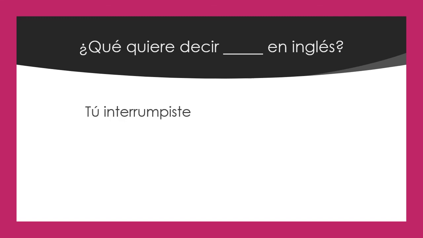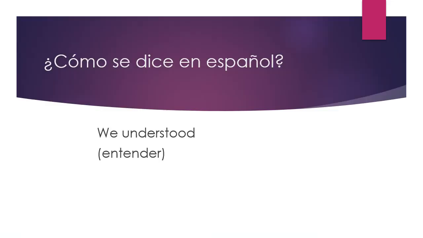¿Qué quiere decir tú interrumpiste en inglés? It's you interrupted. You being the informal you. Tú. Ahora, en español. ¿Cómo se dice en español? We understood.